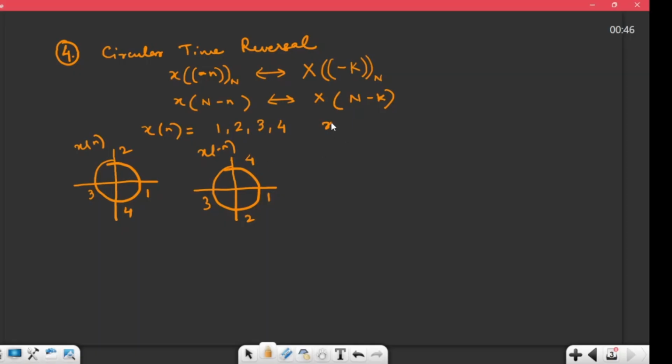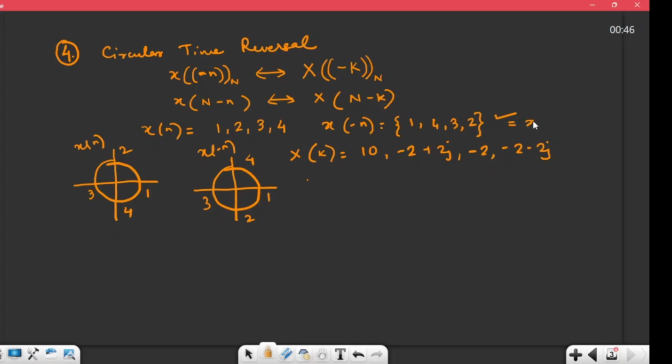In sequence form, x(-n) is equal to 1, 4, 3, 2. So if the DFT of x(n), X(k), is equal to 10, minus 2 plus 2j, minus 2, minus 2 minus 2j, which is known to us, then what is the DFT of x(-n)?